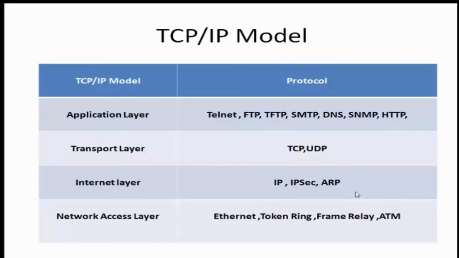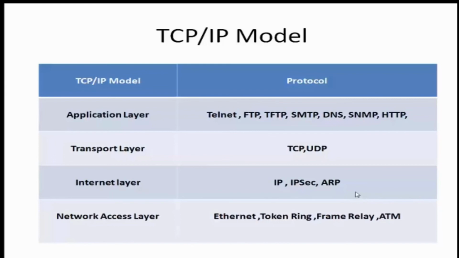If we are talking about TCP, it is reliable because it provides acknowledgement as well as flow control by the concept of windowing. But in UDP no acknowledgement is given by the receiver. So that's why UDP is an unreliable protocol. Now we will discuss the application layer.